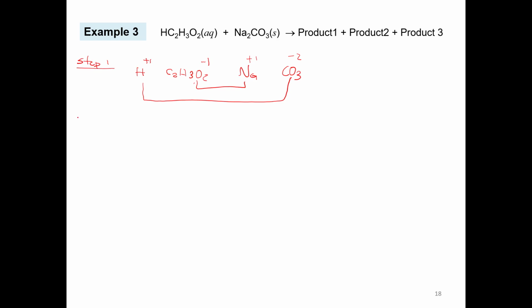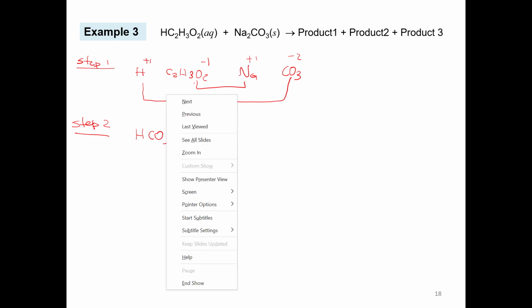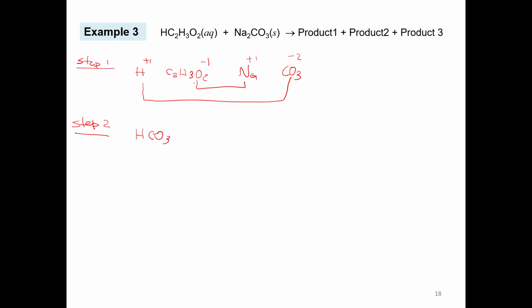Then now in step number 1, we need to predict the correct products. Yes, the correct products, and an important thing, the product must be neutral. Yes, and let's write the first one. The first one will be hydrogen. This must be +1. This is -2. Remember, the positive one must be first. Then sodium. Sodium is +1, and then we had acetate.